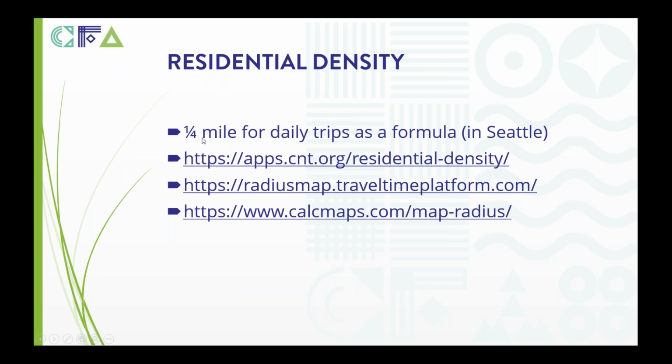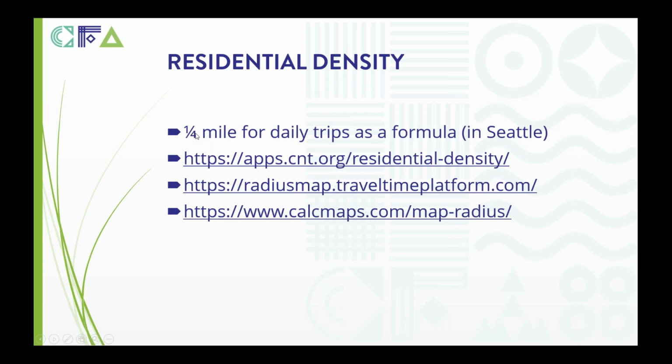I think that's a little small of a radius for most of Kentucky. I just don't think we're dense enough for that. So I think that number is probably a little bit closer to a full mile for most people. But even that in more rural areas is sort of laughable.